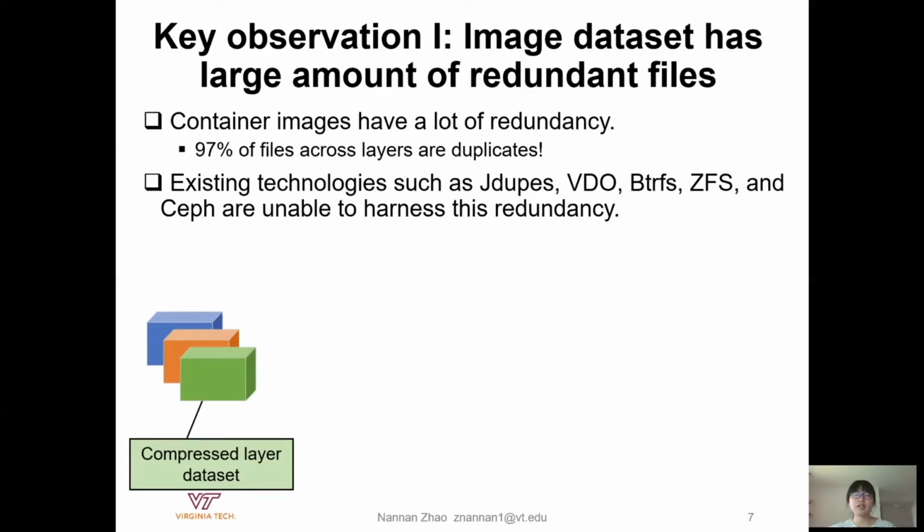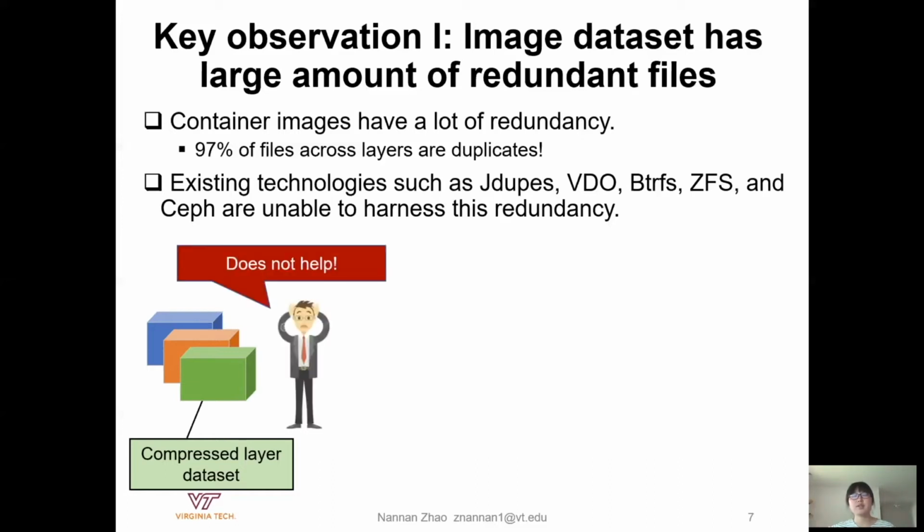If we directly apply existing methods such as gdedup, vdedup, fs, dfs, and ceph on the compressed layer dataset, there are no space savings because compressed datasets do not deduplicate well.